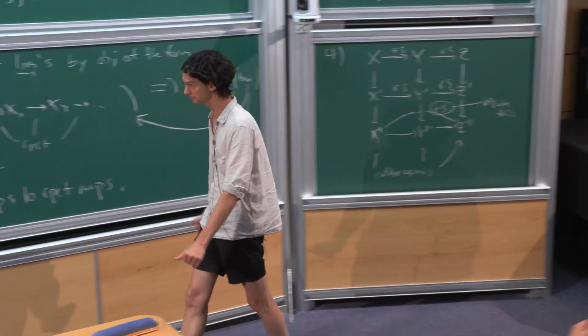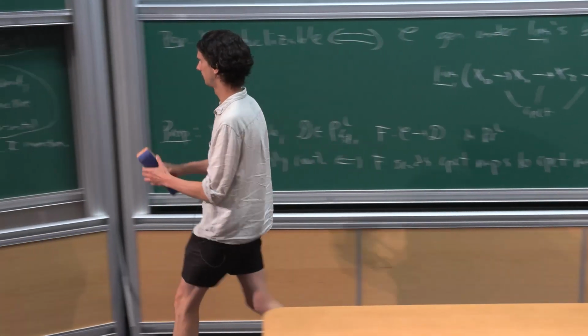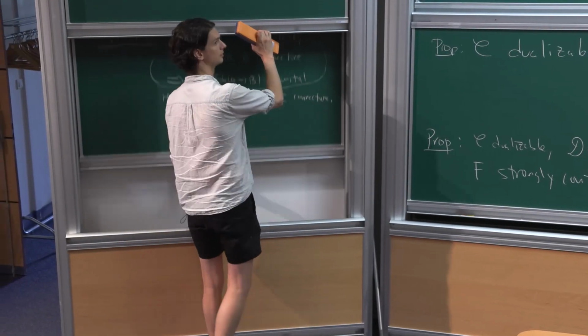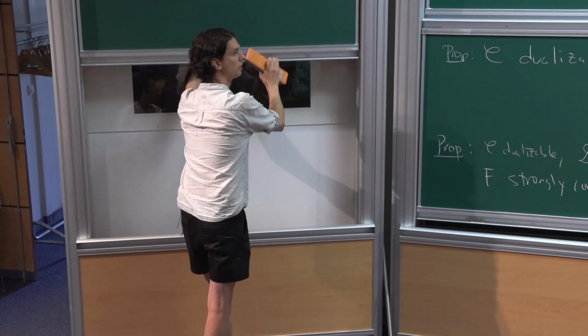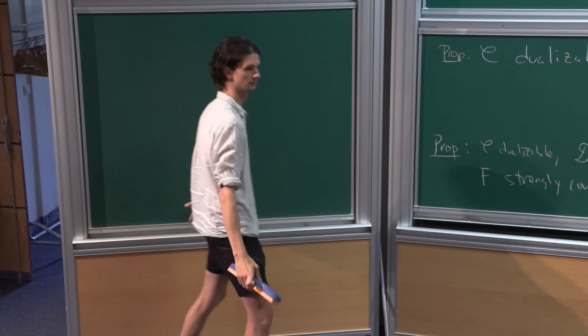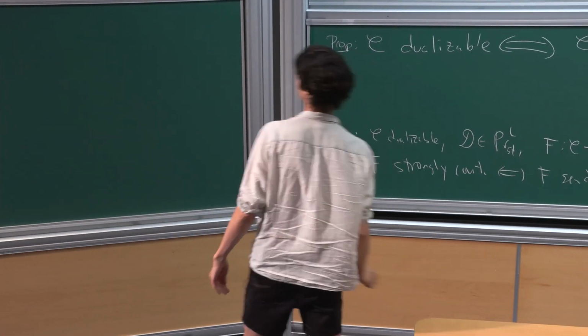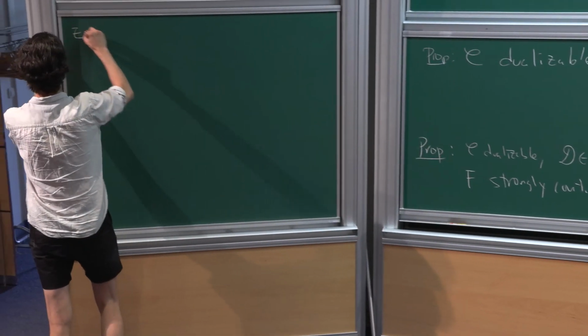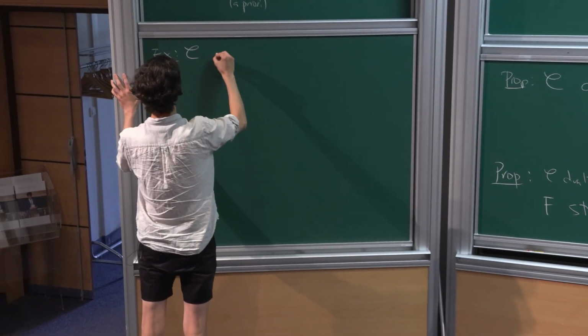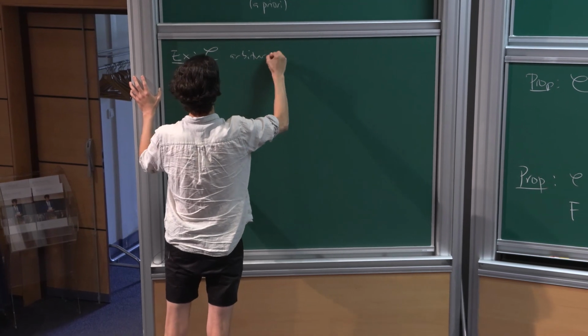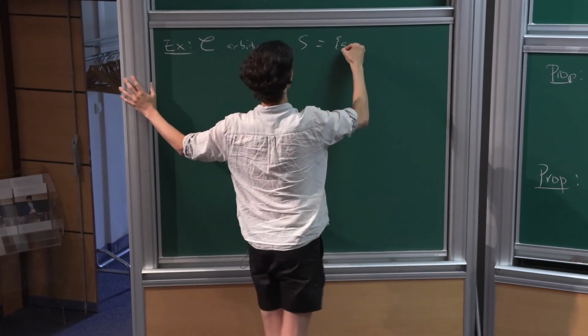Okay. So, an example would be, for C arbitrary, S equals the collection of all compact maps.